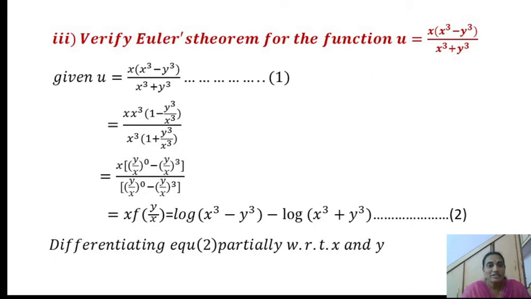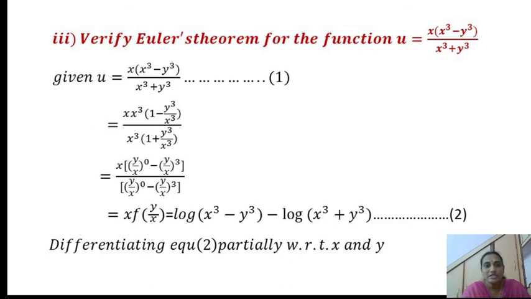Then after simplification we get x into (1 minus (y by x) whole cube) divided by (1 plus (y by x) whole cube), which can be represented as x into f of y by x. Taking logarithms, log u is equal to log of x cube minus y cube minus log of x cube plus y cube. Call this equation number 2.